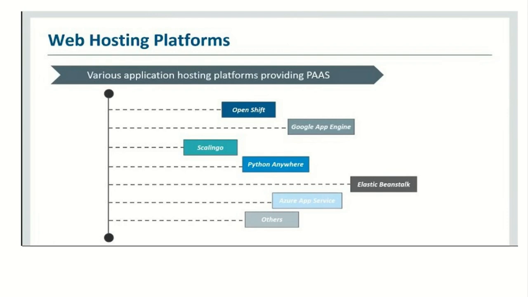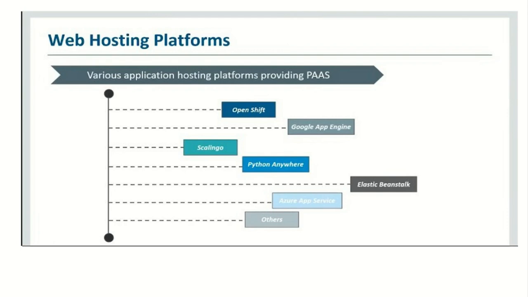Then we all know Heroku, a platform as a service where we can develop and deploy our application, and it will provide us a production-ready environment where all we have to do is deploy our application code. Then we have PythonAnywhere. It is especially for Python.